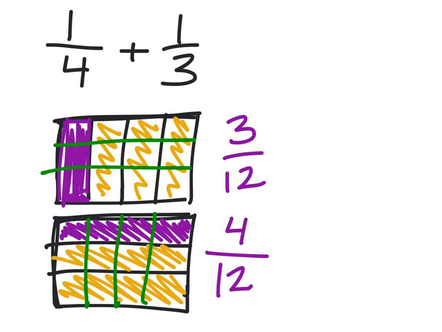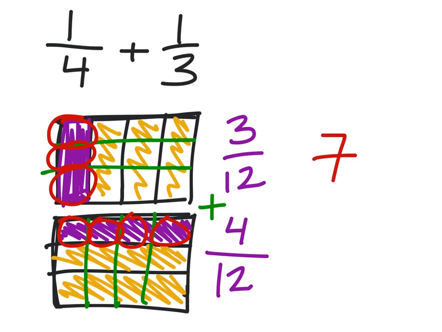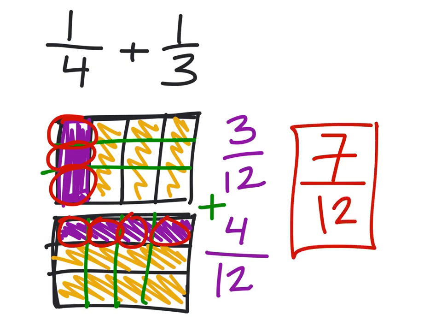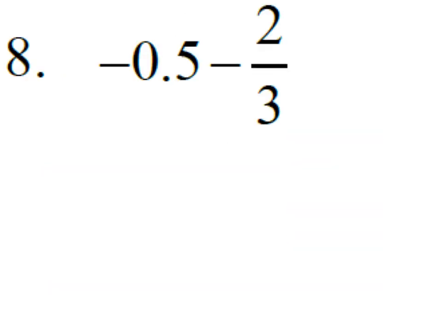Well, if I take those pieces and add them together, I've got 12ths, and how many 12ths do I got? 1, 2, 3, 4, 5, 6, 7, not 8, just 7. I've got 7 pieces that are how big? 12ths. 7 12ths.